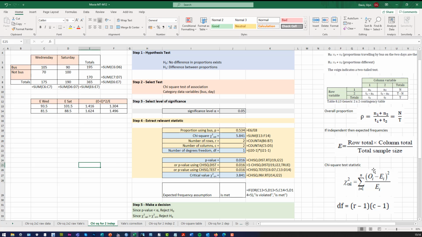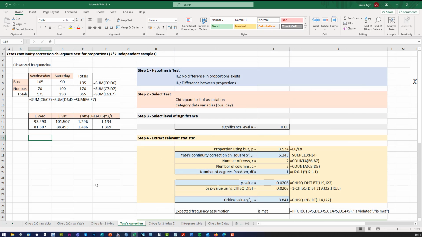Now, you could also apply Yates continuity correction. All that means is that you just have to modify these numbers here using the Yates continuity correction. You can see here that I've taken the absolute value of the difference between the observed minus the expected, and I've subtracted 0.5, then I've squared, then I've divided through by the expected.